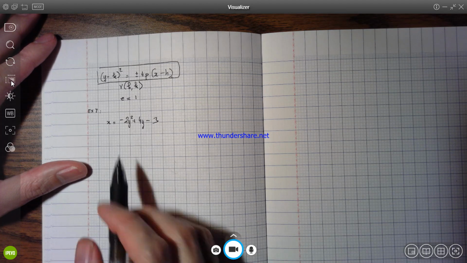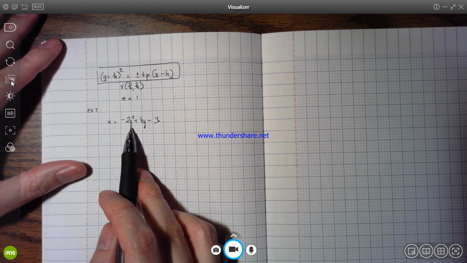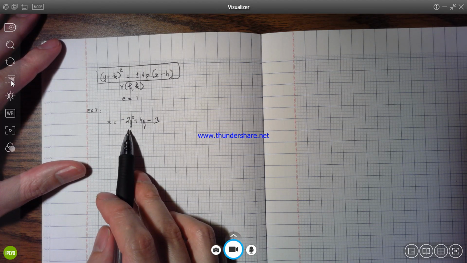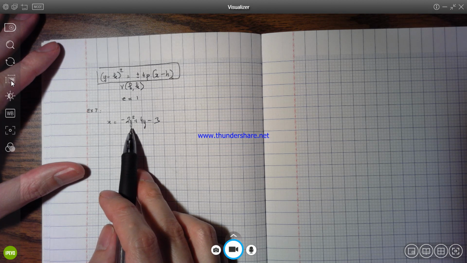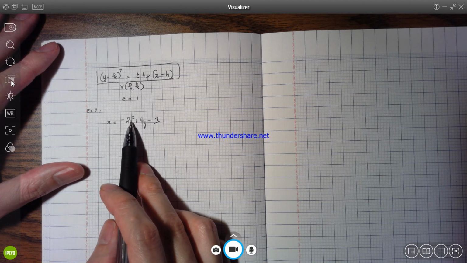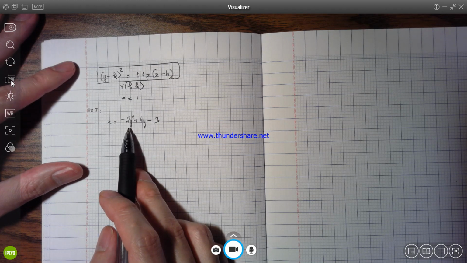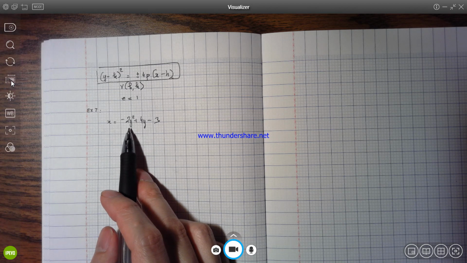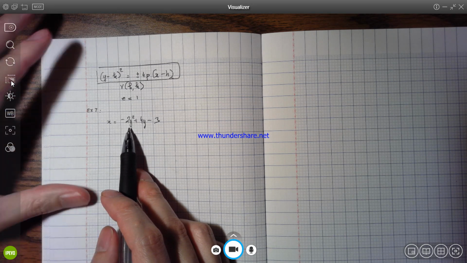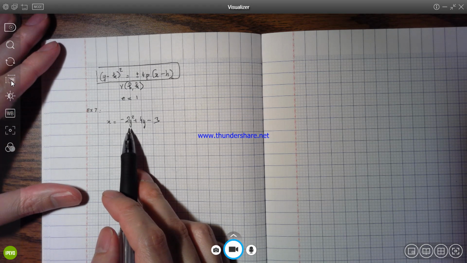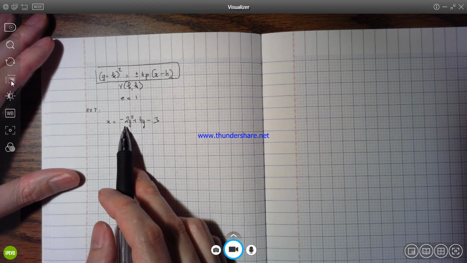By reading this, you know right away that this is a horizontal parabola, because the y variable is the one with the second power, not the x. And we know right away that this is the one whose vertex is not at the origin.